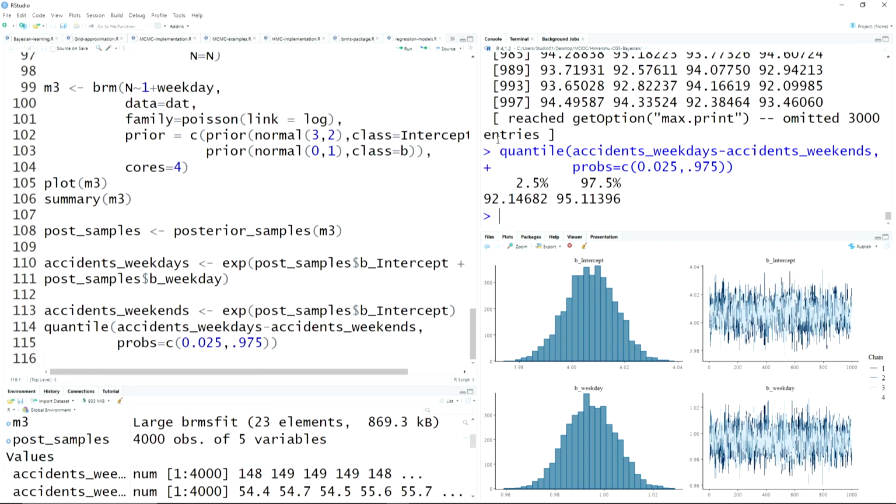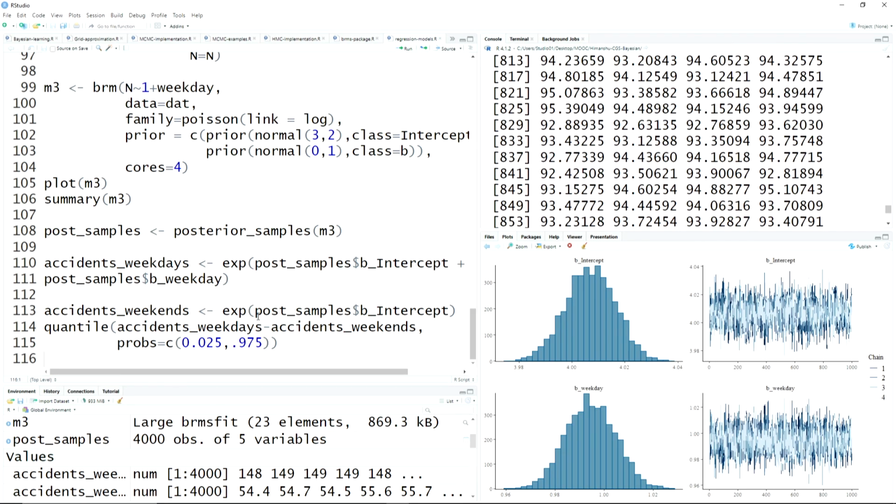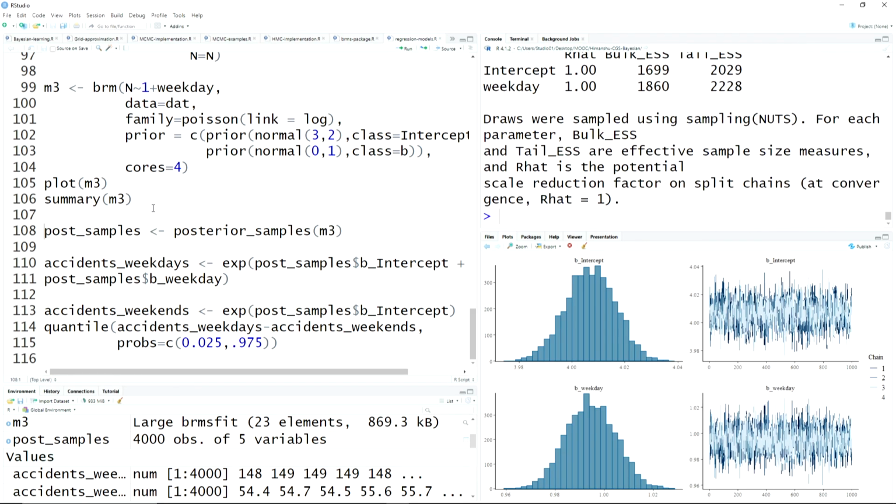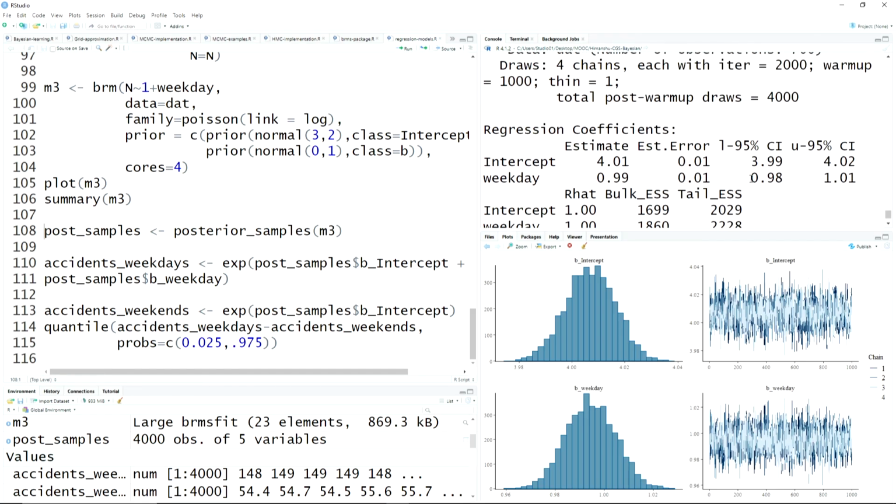Sometimes it's really useful to visualize how much the effect is. This tells you the actual effect. The difference between weekend and weekdays is somewhere around 90. So basically, on weekdays there are 90 more accidents than on weekends. That's what this tells you. The estimate of beta from your model summary was on the log scale, so it is not really interpretable.